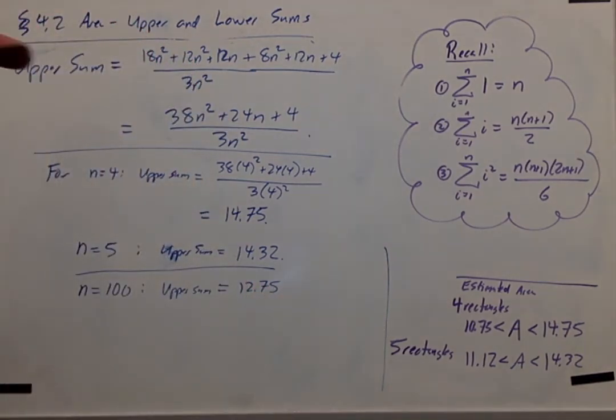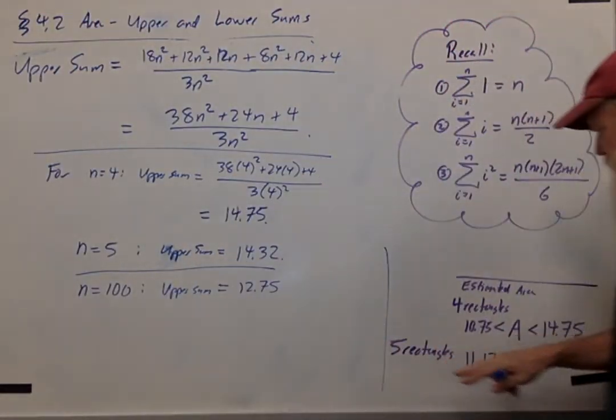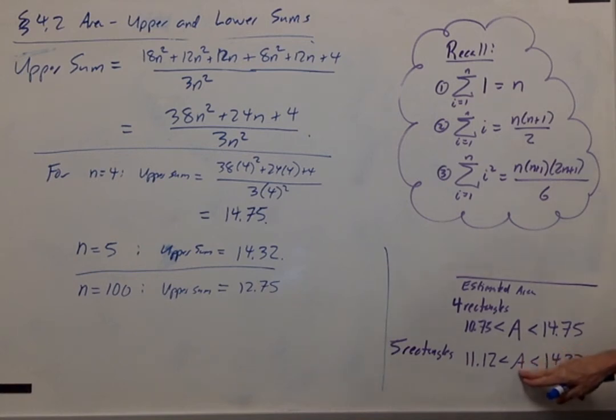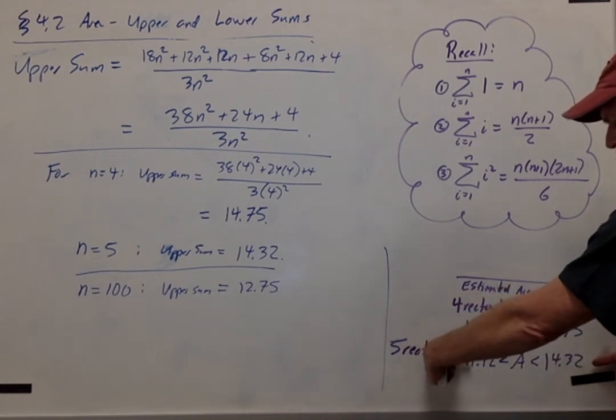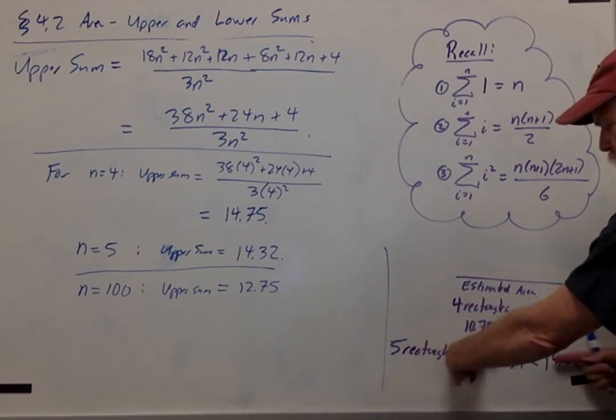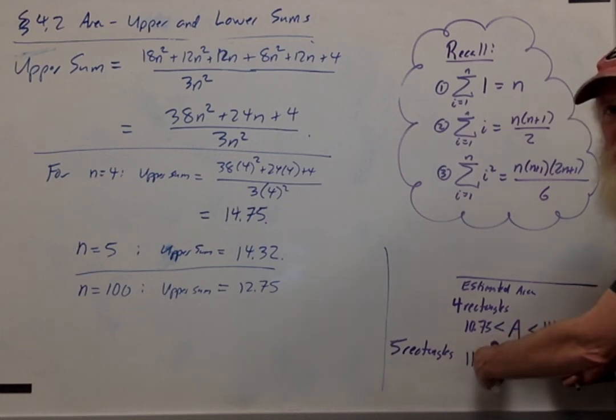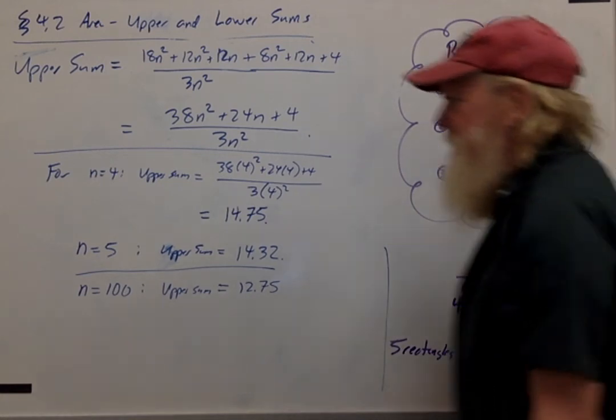So notice, as predicted, the bigger the n, the smaller the upper sum is getting. So the idea is, as we let n get bigger and bigger, the lower sums and the upper sums are squeezing the true area in the middle, just like the squeeze theorem.